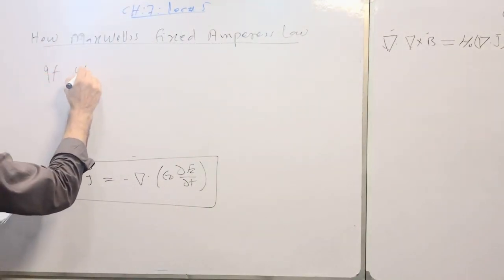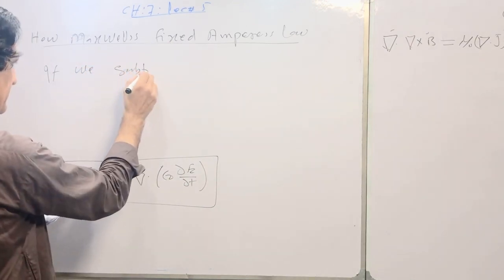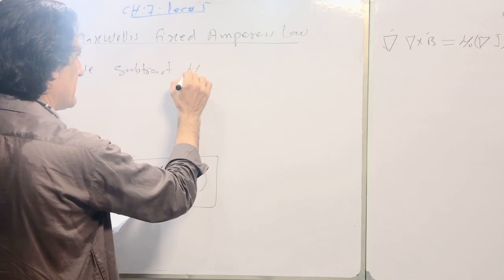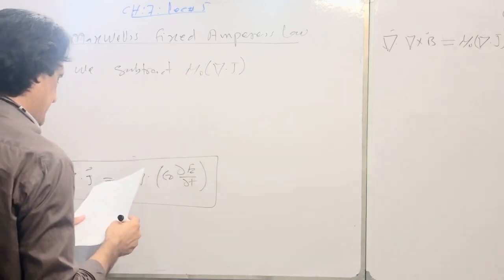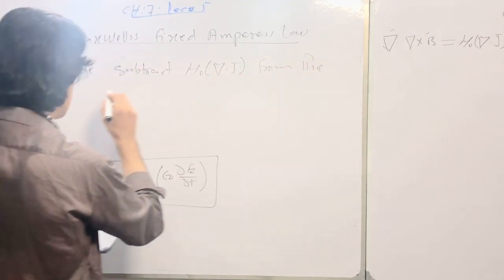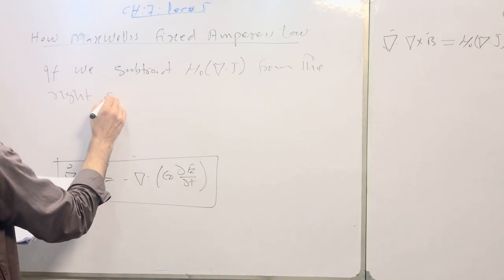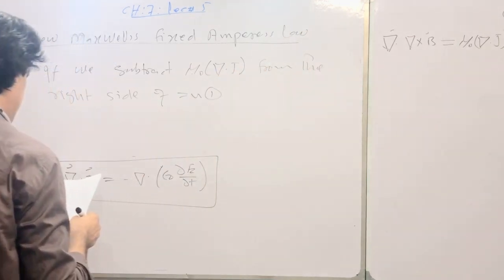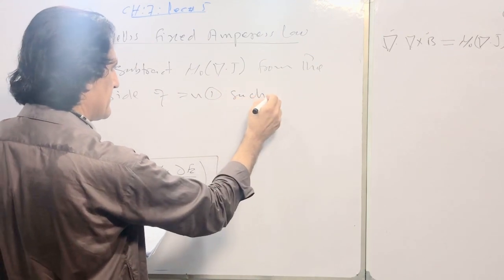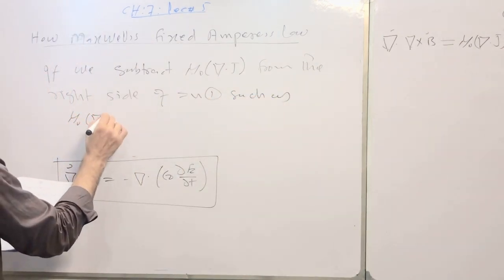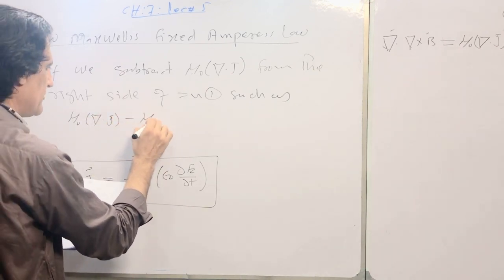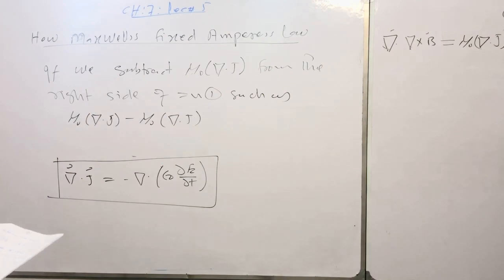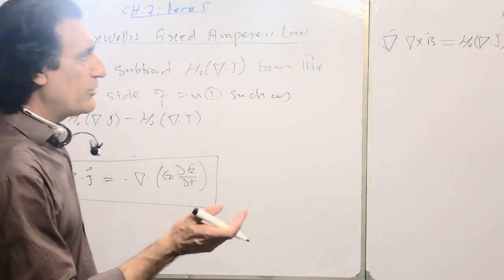If we subtract mu naught divergence of J from the right hand side of equation 1, such as mu naught del dot J minus mu naught del dot J, if I write down the right hand side in this form, then we can get 0 on both sides.